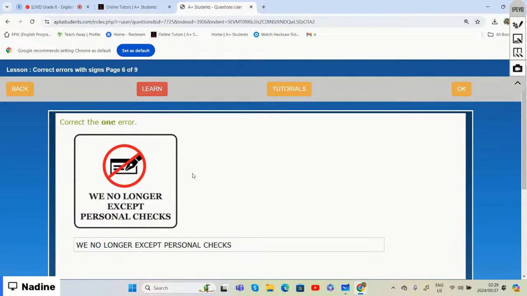So which one do we need to correct before I go to the options? We no longer accept personal checks.